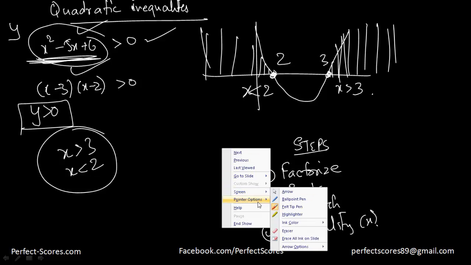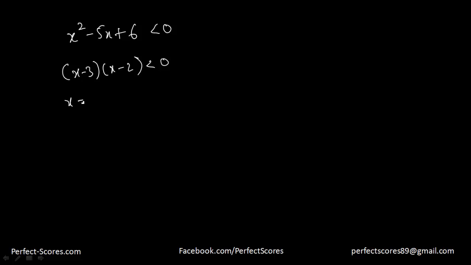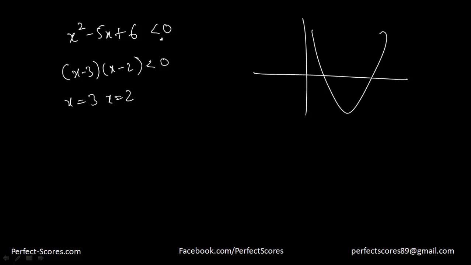Let's say for example, if I say that I have a function x square minus 5x plus 6 is less than 0. I want to find that. First I will factorize the function, then I will find the roots. The roots are 3 and 2, and 3 and 2 look like this. I want the function to be less than 0. Where is the value of y less than 0?